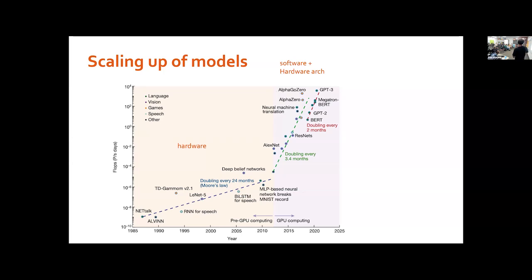So the first part was all the Moore's law scaling, which came completely from the hardware. And the second part over here was GPUs, as we know. As we started hitting the Moore's law scaling limits, more parallel compute became the way to scale machine learning models.